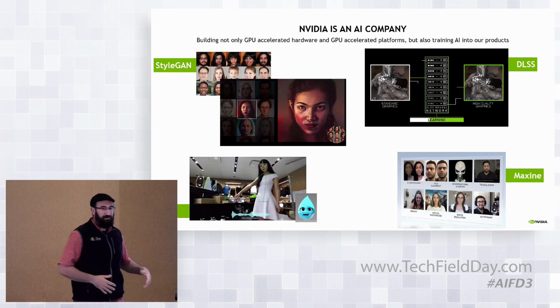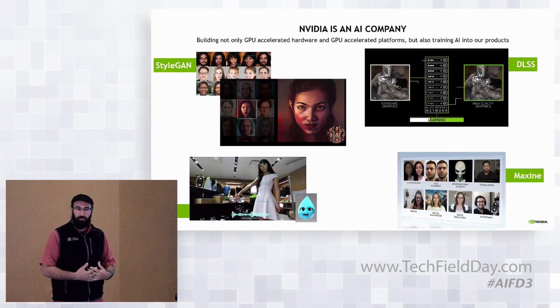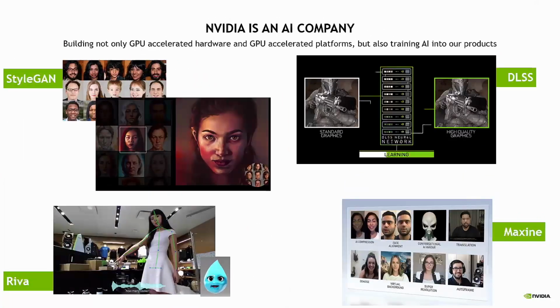So BaseCamp was NVIDIA's solution for this as a platform. And so I'm going to back up a little bit and talk about how NVIDIA is an AI company. Most people know NVIDIA makes GPUs, and most data scientists know that NVIDIA makes SDKs and platforms, but we build a lot of AI within NVIDIA as well. We have our consumer products, we have our enterprise products, and we have natural language processing models that we build.